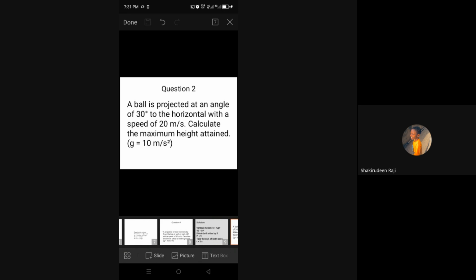That is the initial velocity resolving the vertical component, which is u sine theta. If you use that formula, what would be your answer?